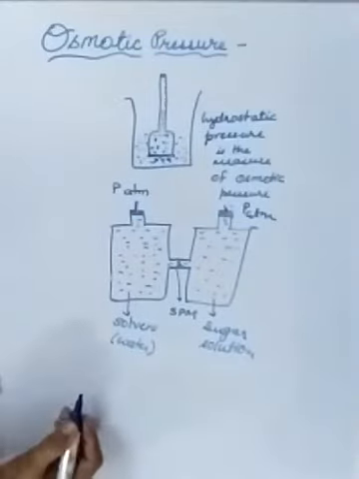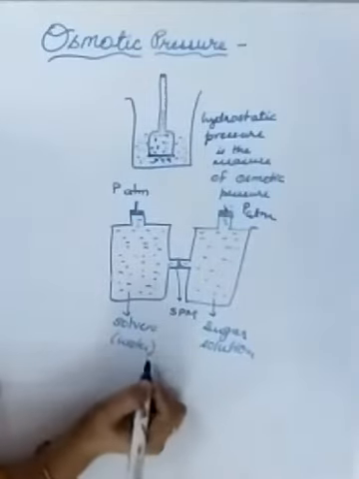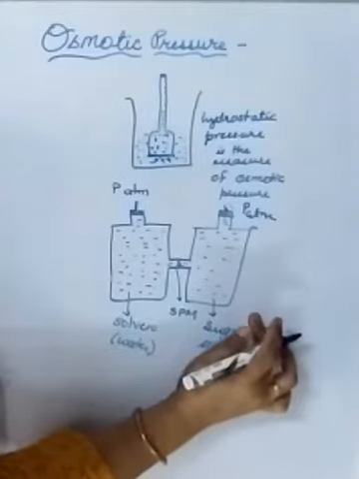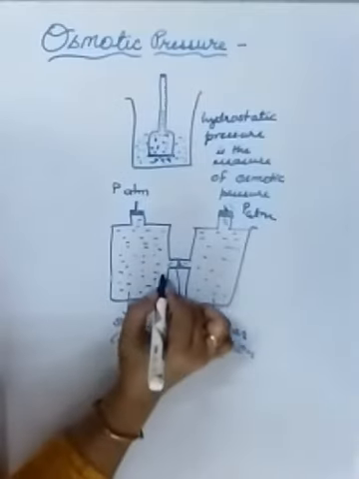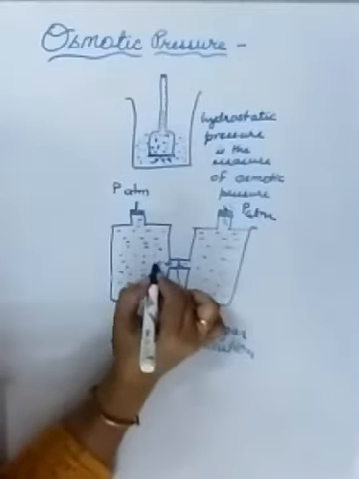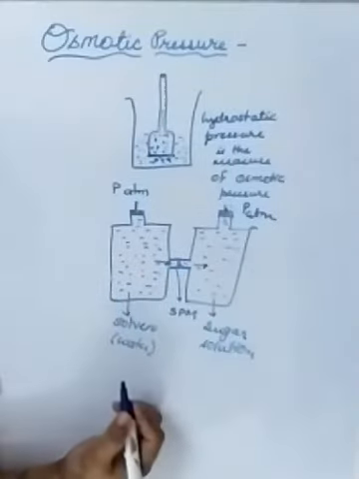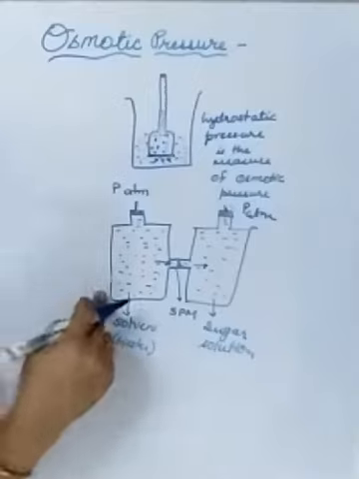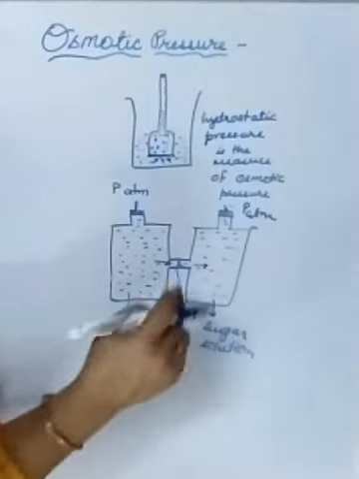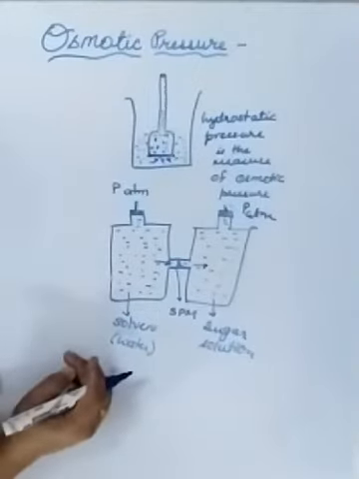Now we will see that since here solvent is there and here sugar solution is there, osmosis will occur. There will be passage of solvent to the solution side, that means low solute concentration to high solute concentration through the semi-permeable membrane.